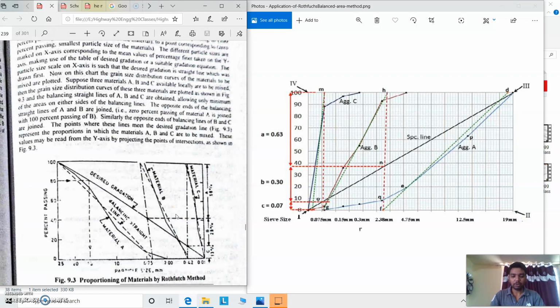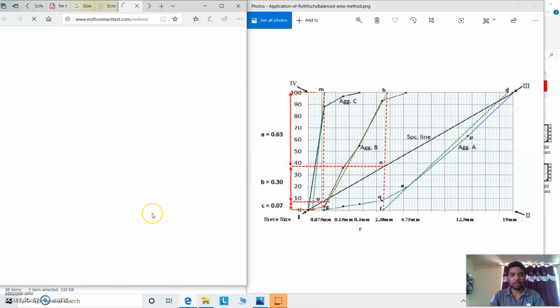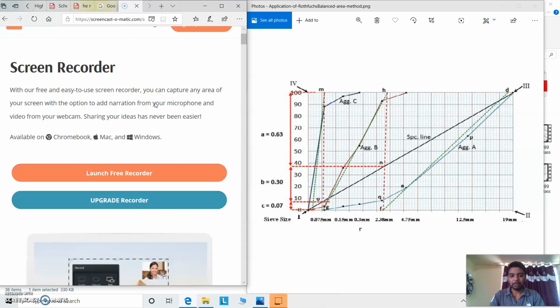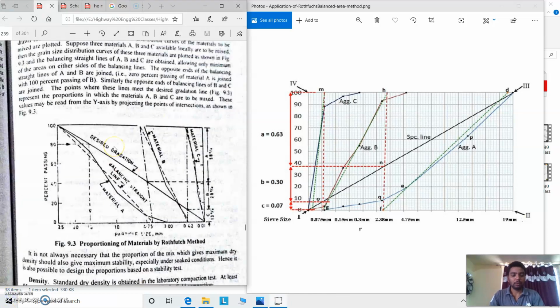This method is used to calculate the particular materials that are required in a subgrade soil, the materials required to mix in the subgrade soil, that is the subgrade layer.